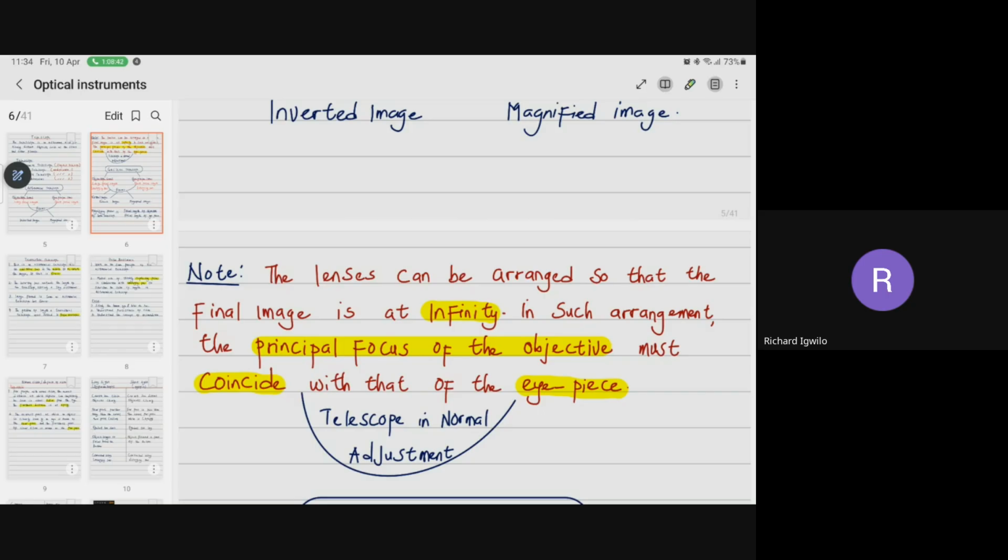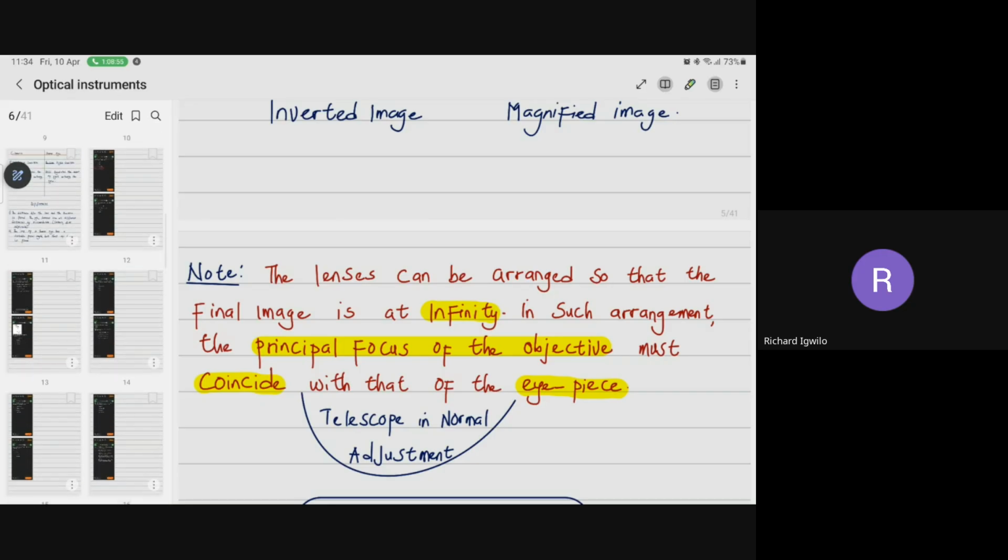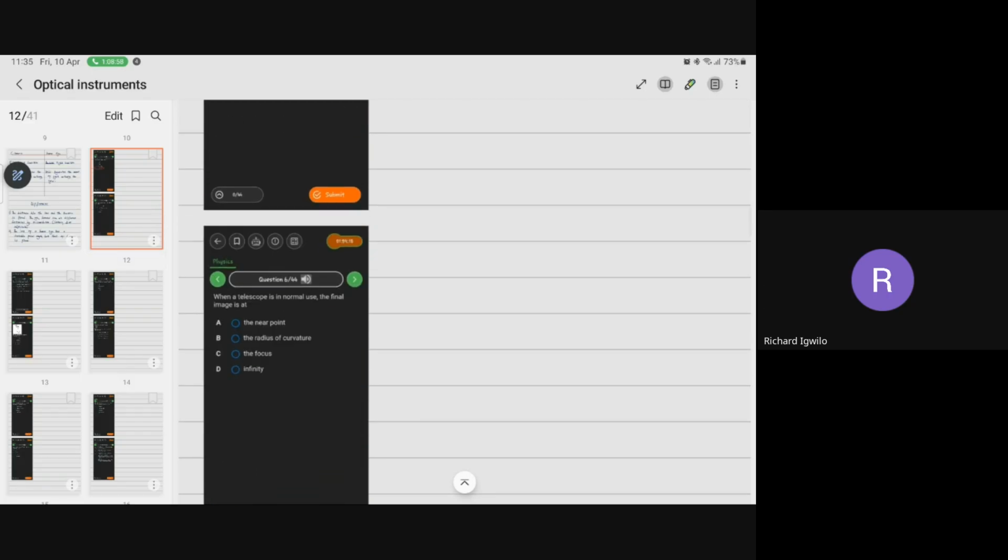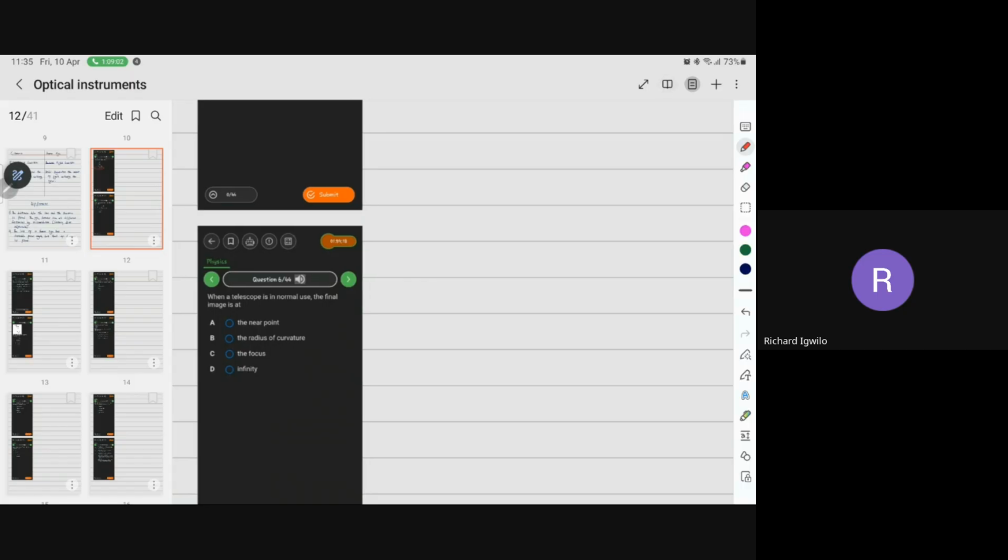In such an arrangement, the principal focus of the objective must coincide with that of the eyepiece. At that point we said the telescope is in normal adjustment. So that happens at infinity. The answer here is that in normal use, the final image is at infinity.